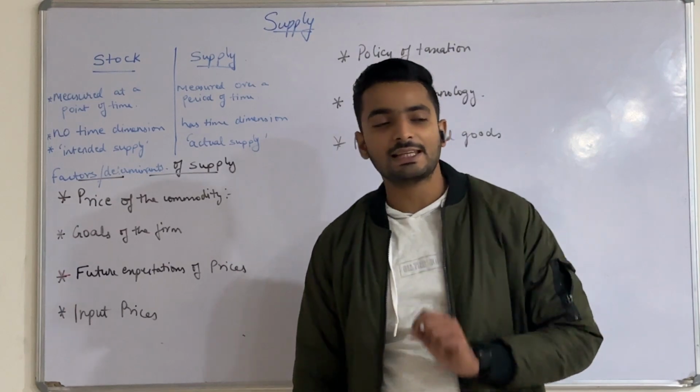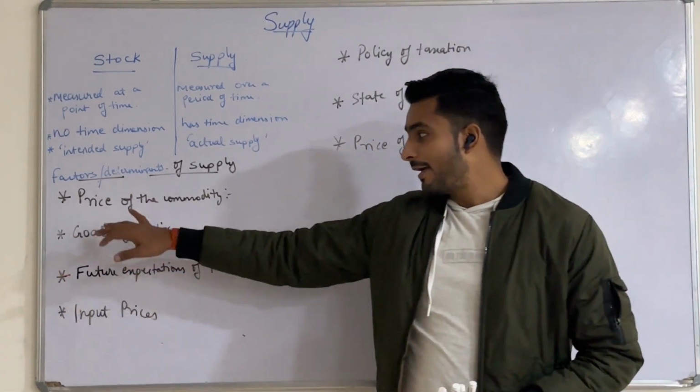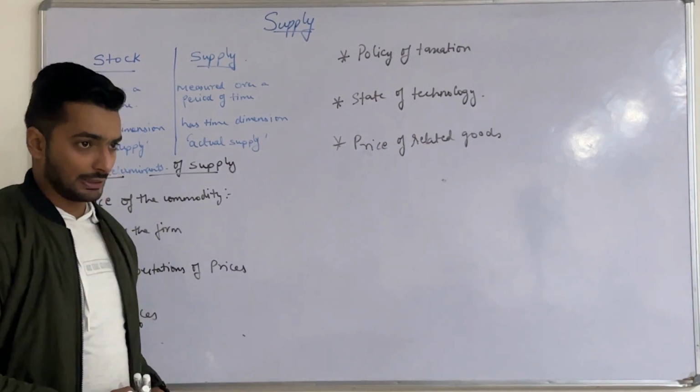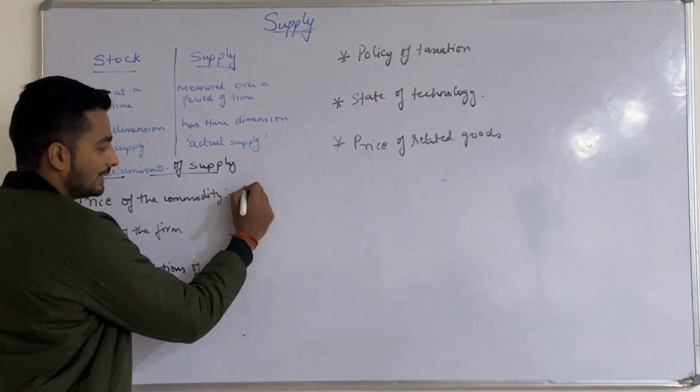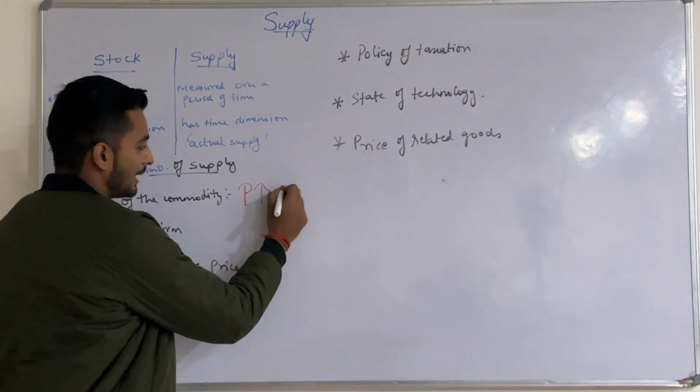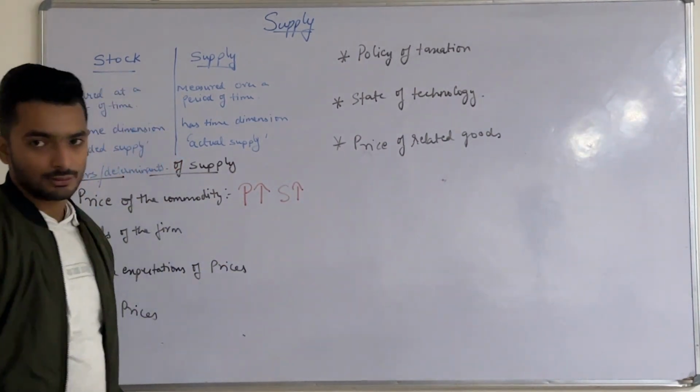What are the factors affecting supply? Now, factors affecting, the first point is your price of the commodity. Price of the commodity means when price increases, supply increases. Understood?